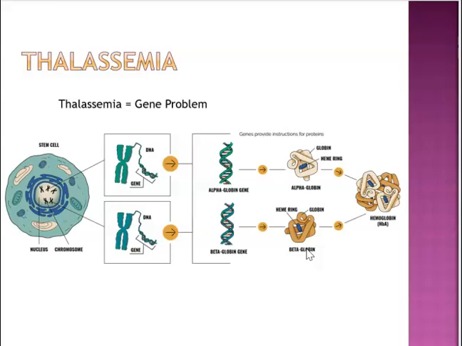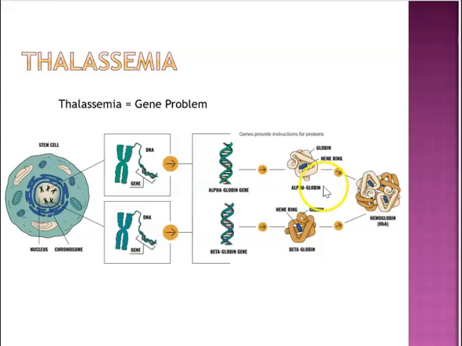So we're going to end up with a beta globin chain. So to make up the whole molecule for this particular molecule of hemoglobin, we're going to need 2 alphas and 2 betas. So this is the normal process of making a hemoglobin molecule.